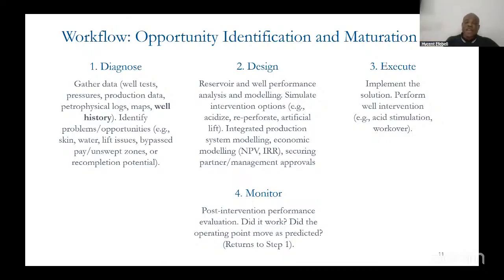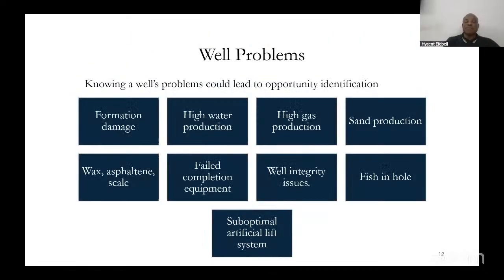Then after that, you review what was done. Did it work, right? If it didn't work, why? If it worked, back to step one. So that is opportunity maturation. So like I said, the problems are actually opportunities, right? Because when you get a problem, if you solve it, then you reap reward for it.